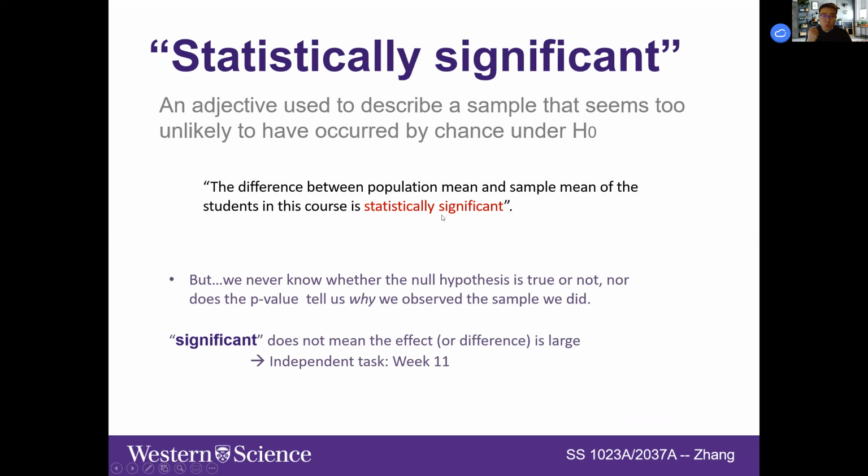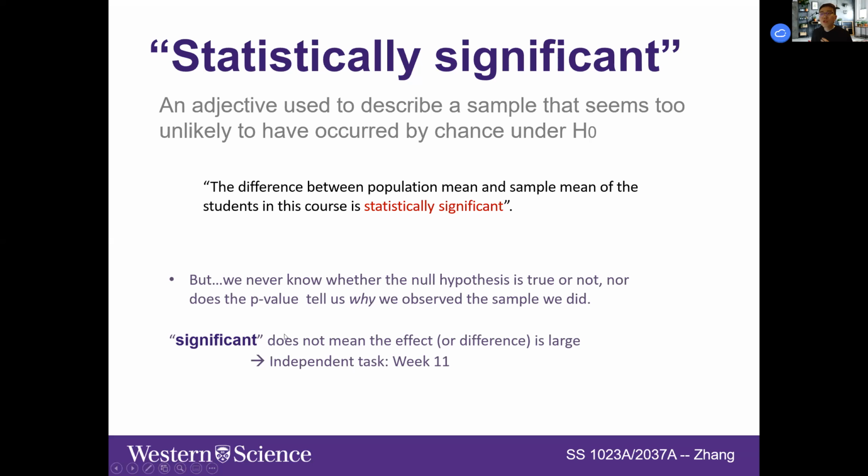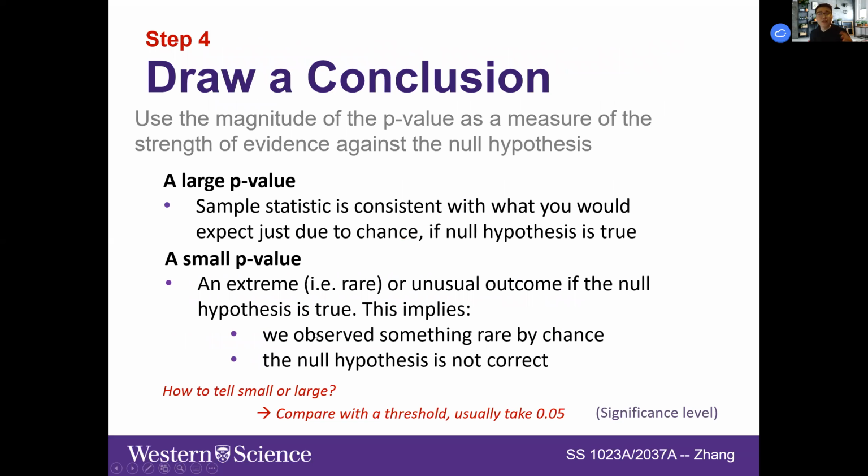But what you need to know is that by statistically significant, we don't mean that our null hypothesis is definitely true or not, because when we have a small p-value, there are two different situations, right? Either we just got such extreme data by chance, or our null hypothesis is not true, but we cannot tell which case we are in just according to our data.